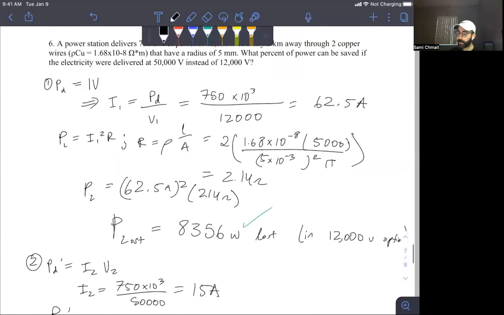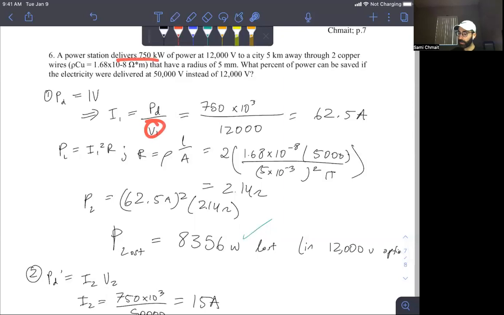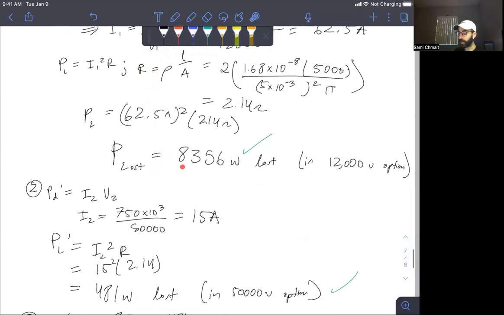So the key thing to note here is you first need to find the current, and that's because of the power that's actually delivered, and the voltage that it goes through. The next thing you need to find is what's lost, and to do that you need to recognize resistivity. The equation of power that includes resistance is P equals I squared R. We don't know what R is, but we can find it using the information provided. Doing that, you find what P lost is.